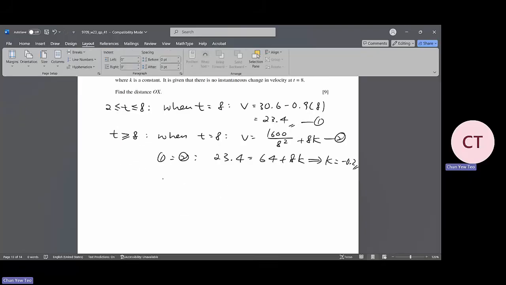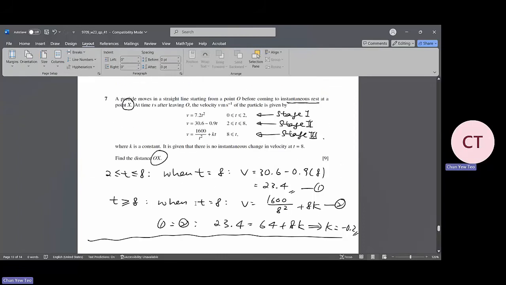So once we found the k, we want to find the distance OX. OX is until you have instantaneous rest. So over here, we know that your v must equal 0. In stage 2, when your v equals 0, your 30.6 minus 0.9t equals 0.